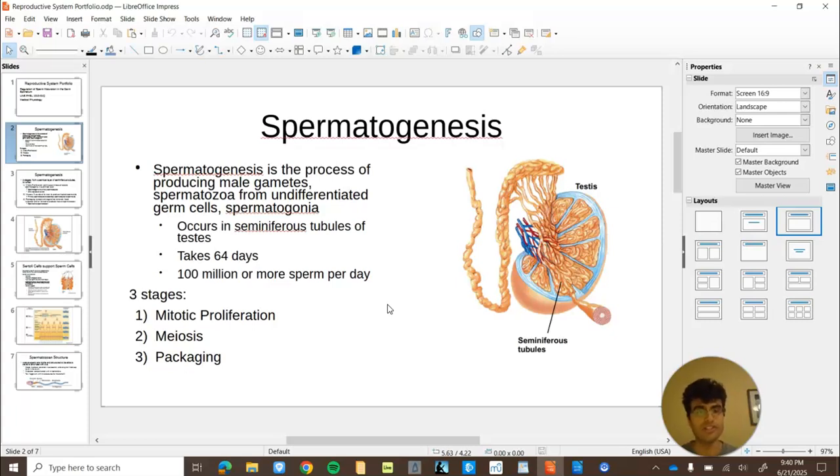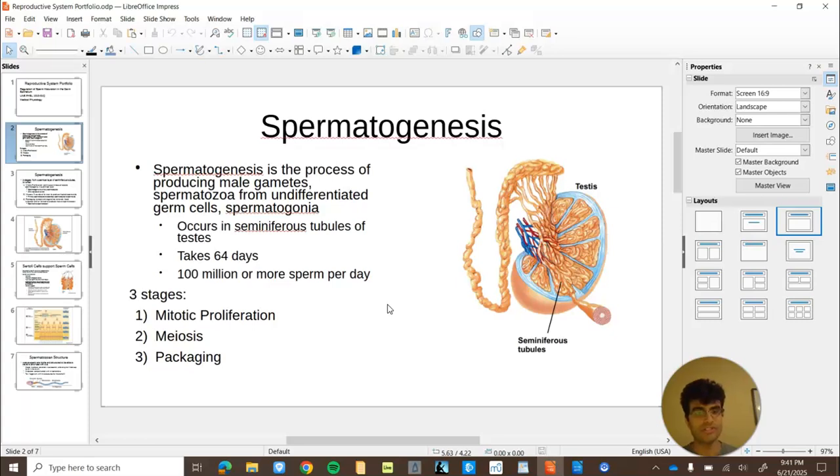So spermatogenesis is basically the process of spermatogonia turning into spermatozoa or sperm cells. This is going to occur in the seminiferous tubules of the testes. It's going to take about 64 days, and 100 million or more sperm per day are produced.